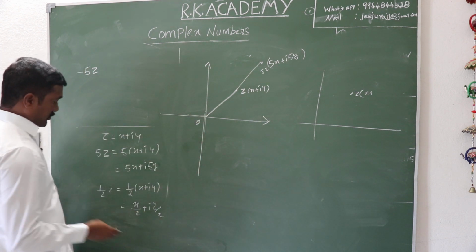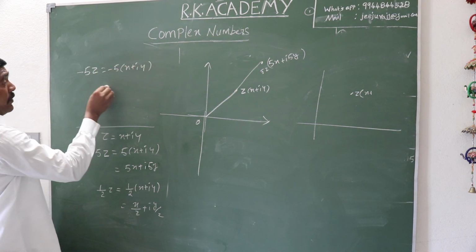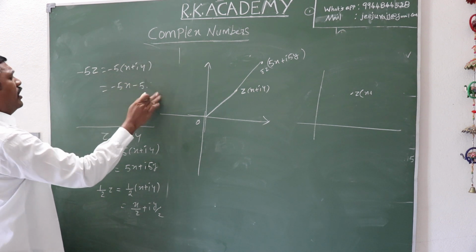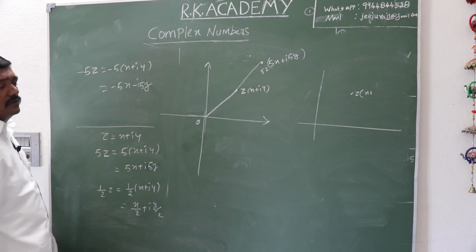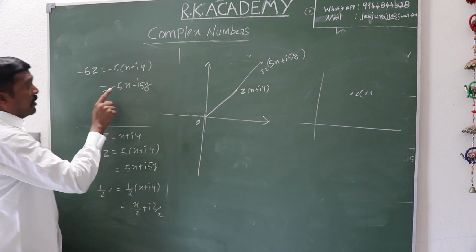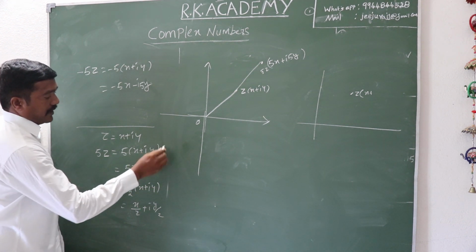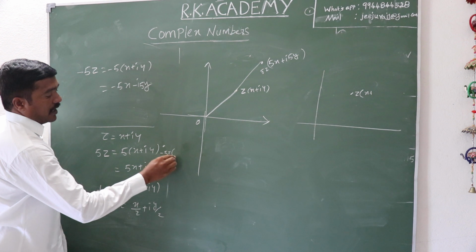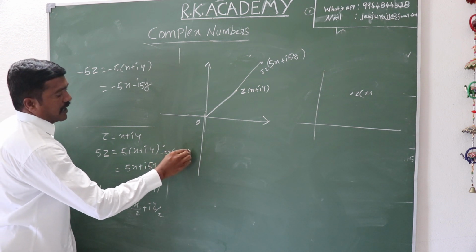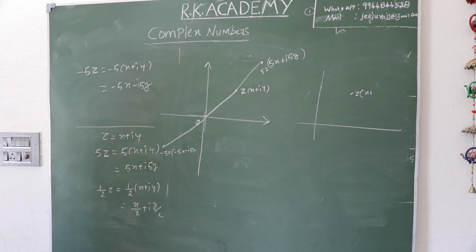It's opposite. Minus 5 into x plus iy, what will happen? Minus 5x minus 5iy, or i into 5y. So where is it? It's here. Minus comma minus, it's in the third quadrant. We can plot here. So minus 5z we can write as minus 5x minus i into 5y. So it's the scalar multiplication of a complex number.